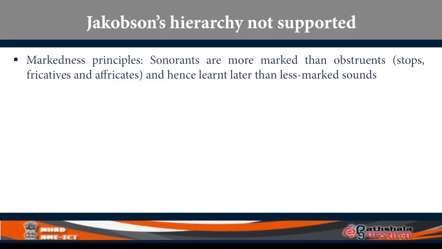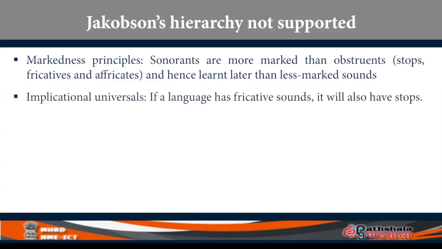They are learnt earlier. They are easy to produce. Whereas whatever is marked is learnt later. So according to the markedness principle, children learn relatively rare sounds later, like the fricatives f and th. There are not many words with that. They are not very common. So marked sounds are learnt later. So one explanation is markedness.